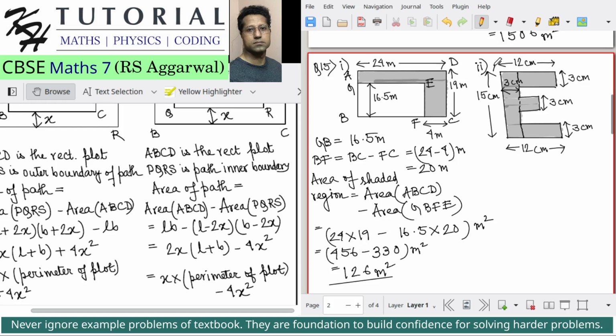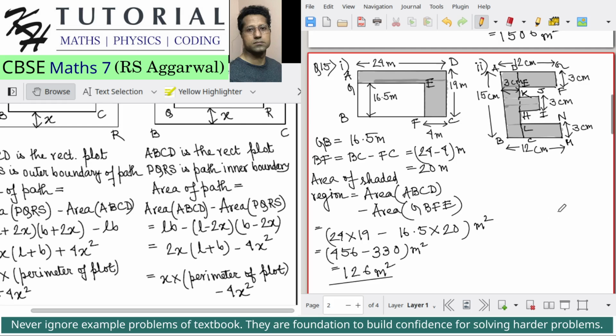Let this rectangle be A, B, C and D. That is the vertical rectangle, and then I will have the rectangle D, E, F, G, then H, I, J, K, and then K, L, M, N.